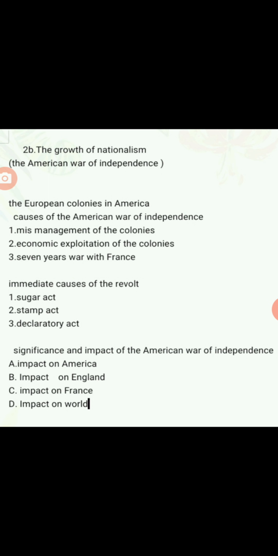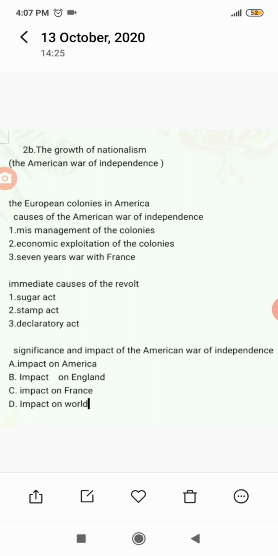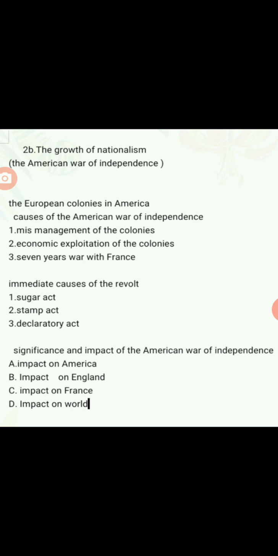The relation of the British and Americans started to become tense. Afterwards the British leaders created the Sugar Act, Stamp Act and Townshend Acts, by which the Americans became angry again.